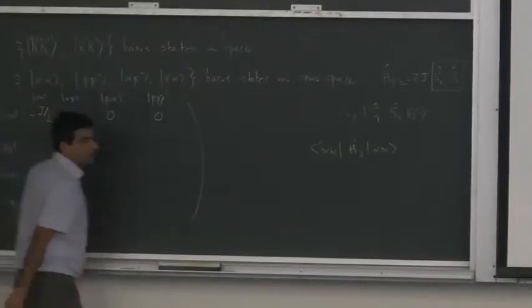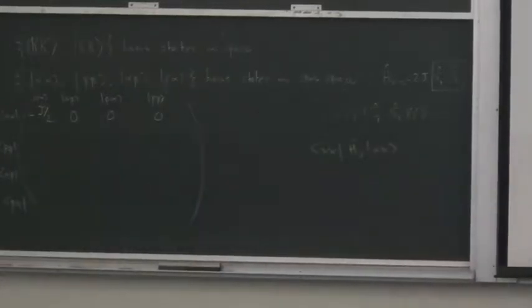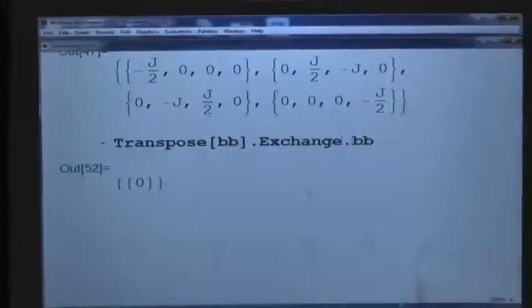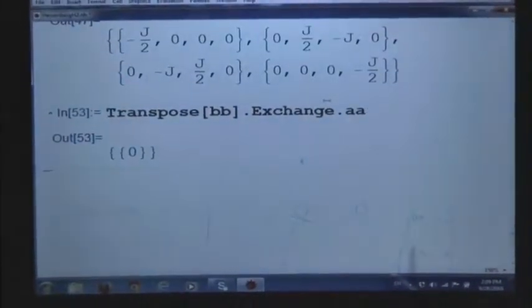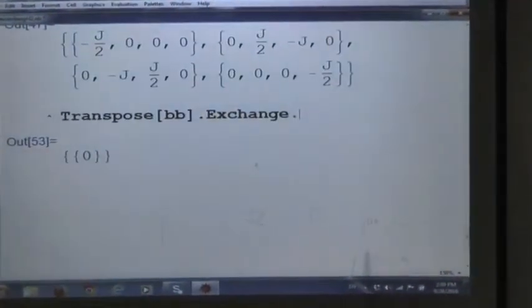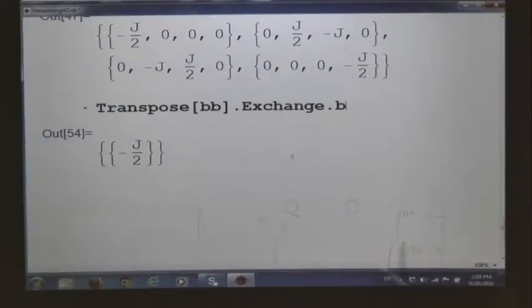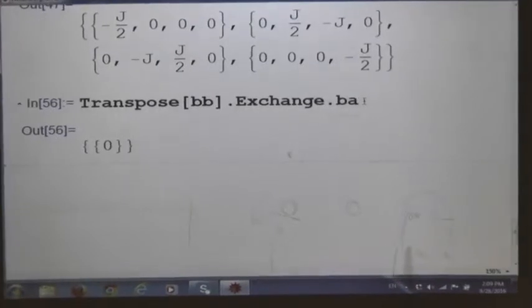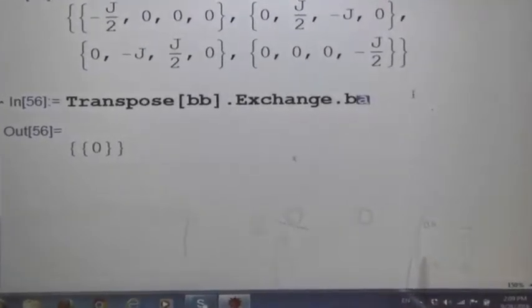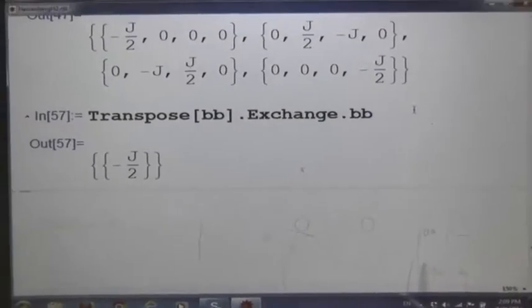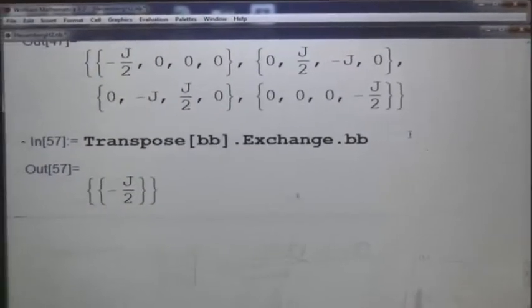Now let's move on to the second row. In the second row, the bra is beta beta, BB. Now successively put in all the values. 0. BB is minus J by 2. So the second term is 0. All others will be 0. So the only non-zero term is this one.